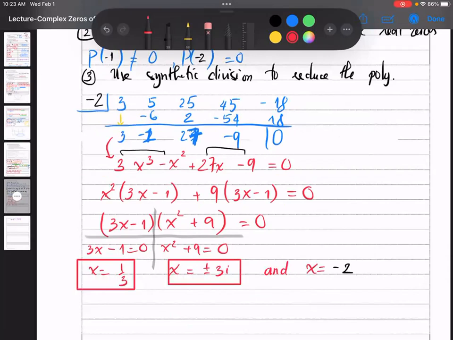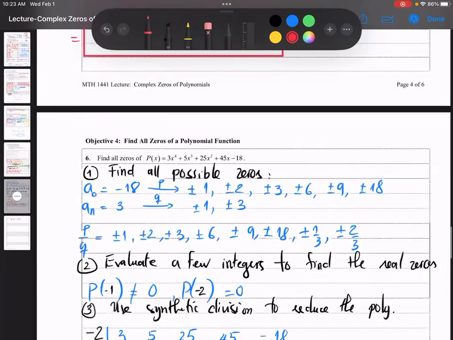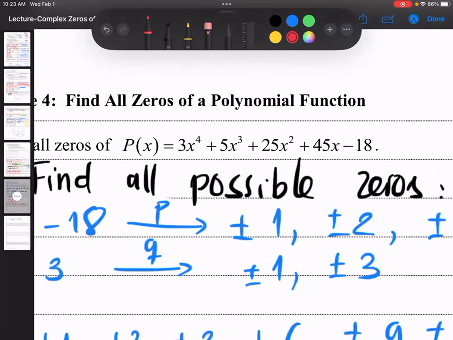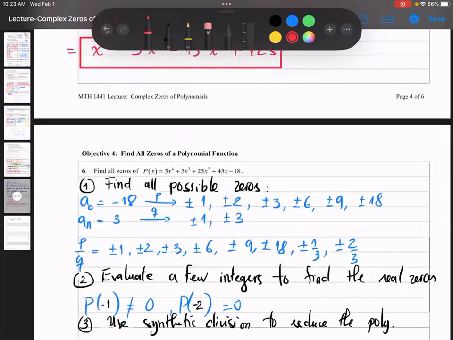How many solutions do I have here? 4. Right, 4, which matches up with the function of degree 4. So similar to your exam, except your exam will be real numbers.